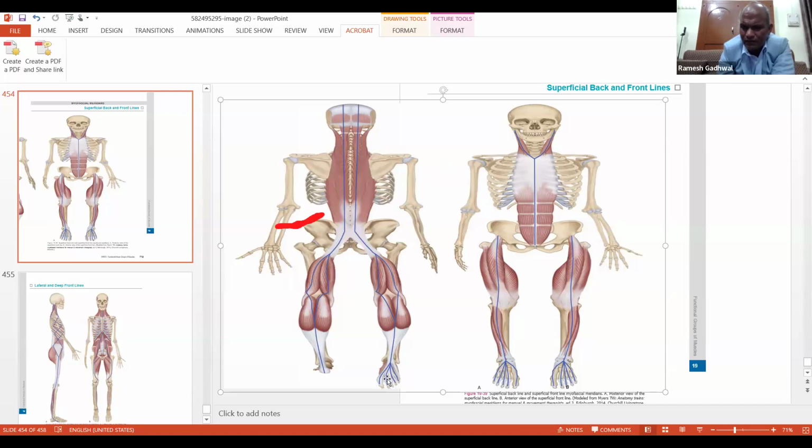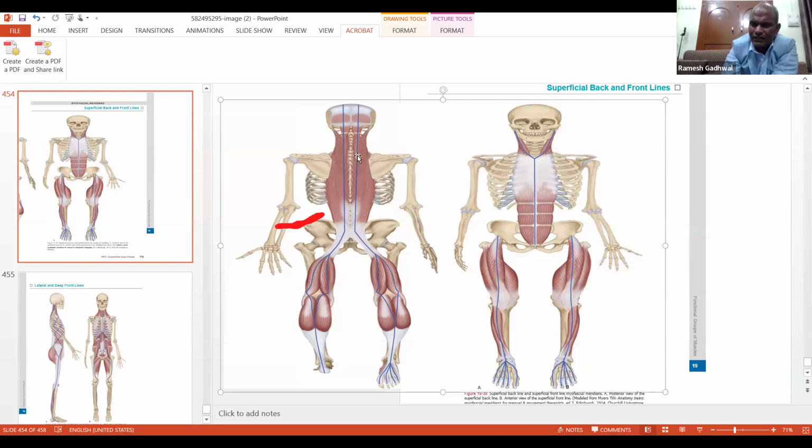Now we are going on back. Foot plantar muscles, then Achilles tendon, gastrocnemius, then hamstring muscles. Then it is joining with the back extensor, all the back extensor muscles.